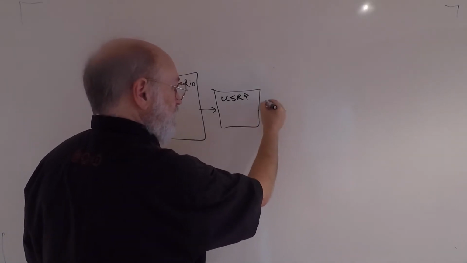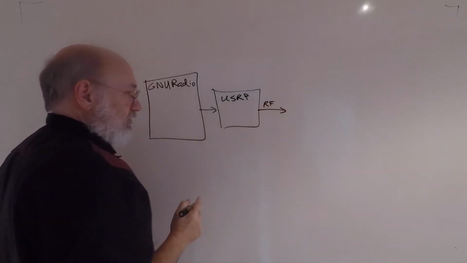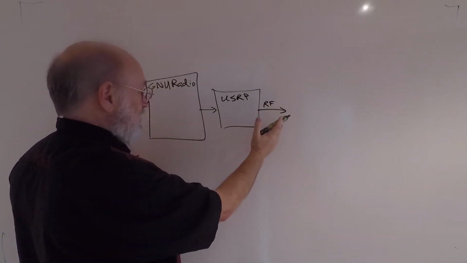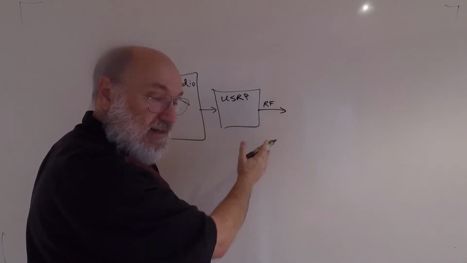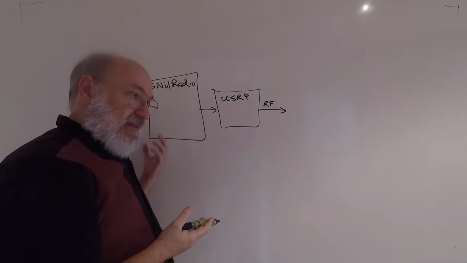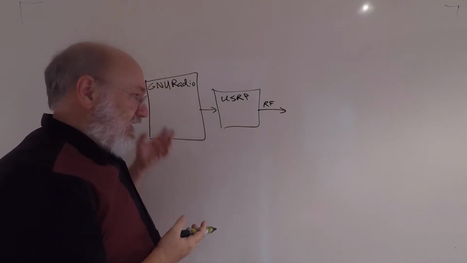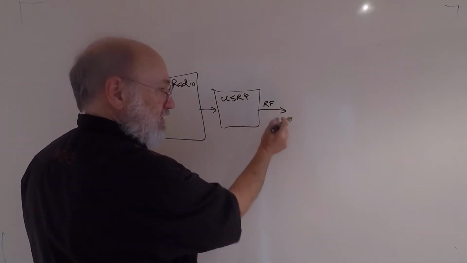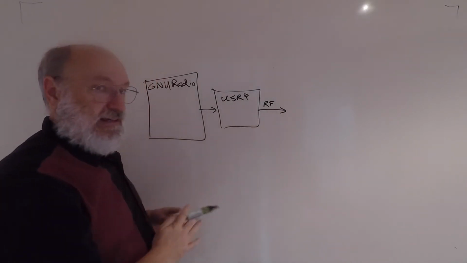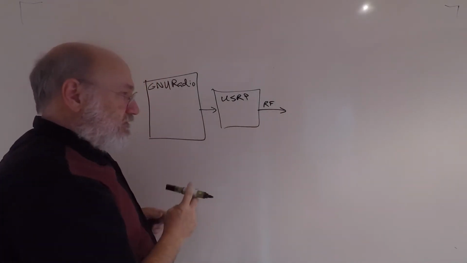And then actual RF comes out here. So this simulates, in a sense, the entire set of transmitting ground stations and the receivers at the satellite and the multiplexing system and the modulator and the transmitter. So a downlink signal is coming out here just like it would from a real satellite.